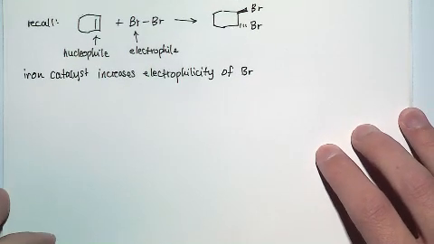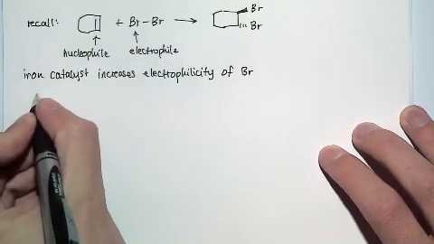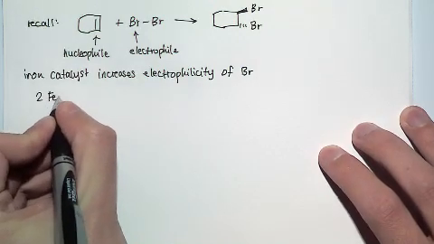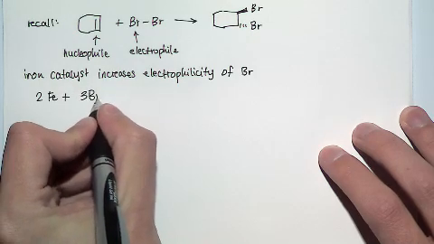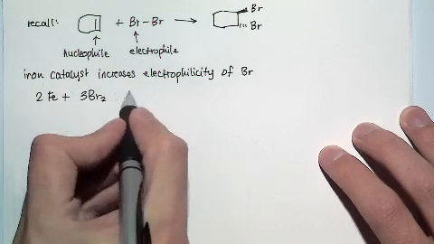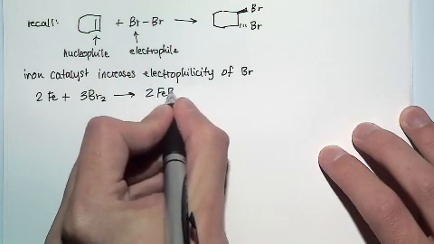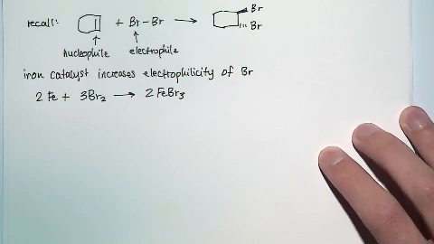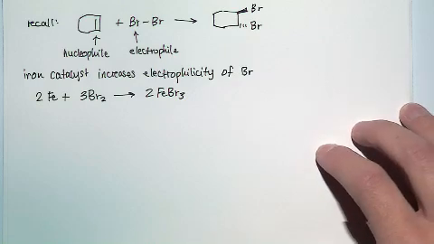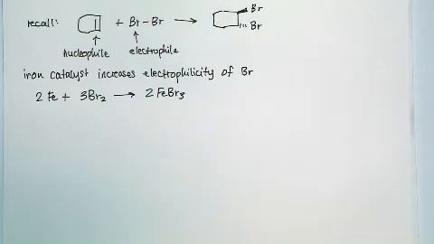Well, first, what happens is not really related to organic chemistry: the iron metal reacts with the bromine and forms iron(III) bromide. Another thing you can do is just add iron(III) bromide if you happen to have some.